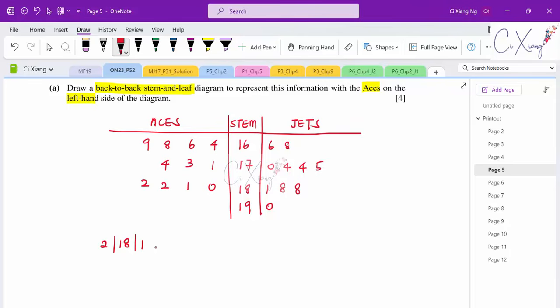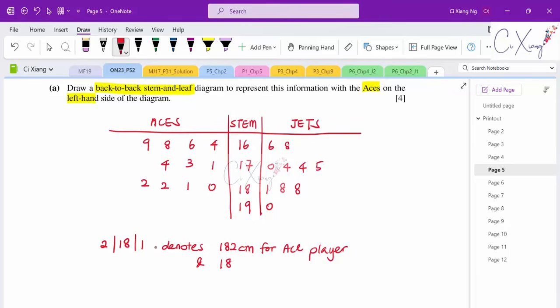So when you're having this one, you have to tell them that when you are reading the value like this, it means that you are having a height of 182 cm for the Ace player. So when someone reads the back-to-back stem plot, at least they know this is how we read the stem plot, and what the meaning of the stem plot is.